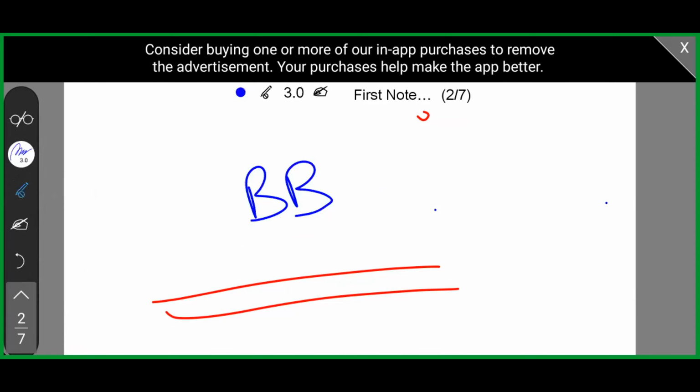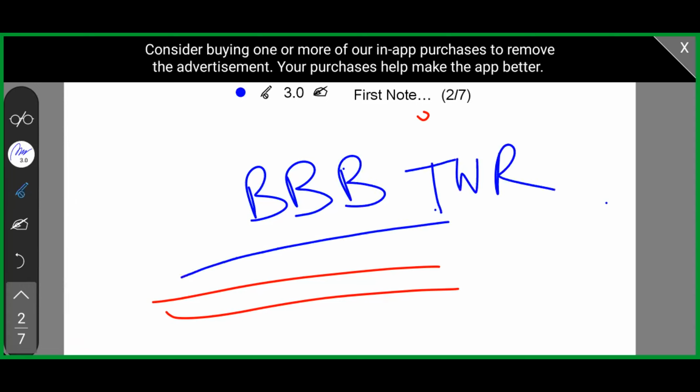Bravo, bravo. You can write similar also, but this will look better if you write this for Mumbai.